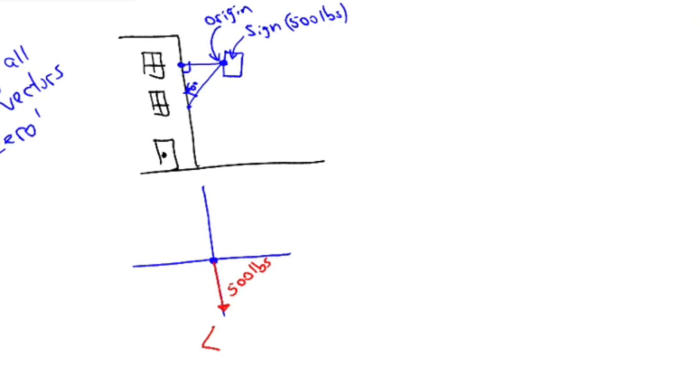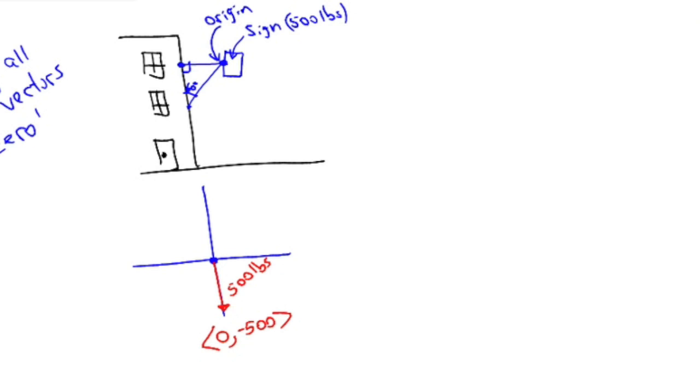So this vector is literally 0, -500. The direction is straight down, so the x value or the i value is 0, and it's going down with a value of 500. So its magnitude is 500.